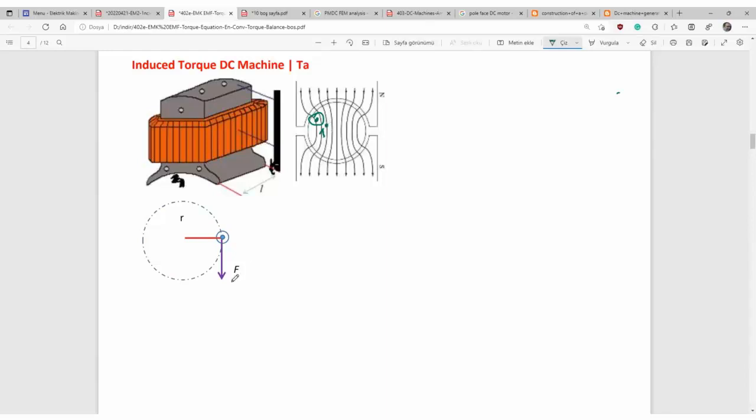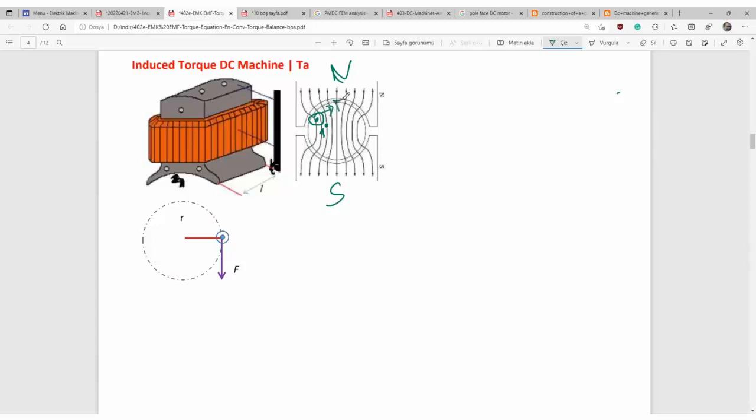Now, ladies and gentlemen, here's N pole, here's S pole. Magnetic field lines by your middle finger coming from N pole to S pole. Then, index finger represents the current direction. That's the current direction. And finally, you have to find out the direction of the force. Right hand rule. That is the force direction.